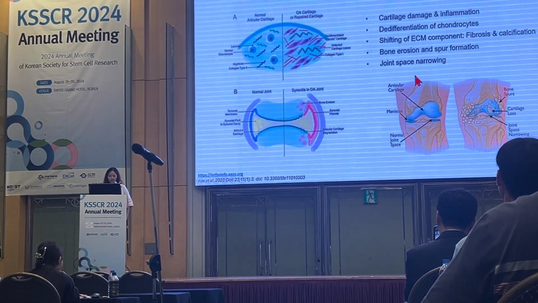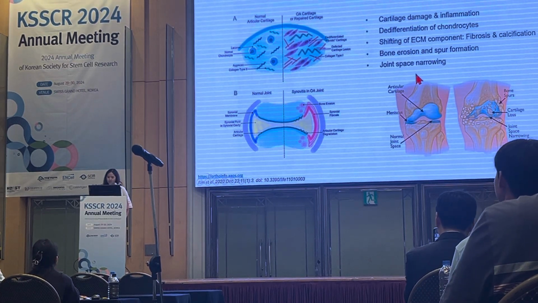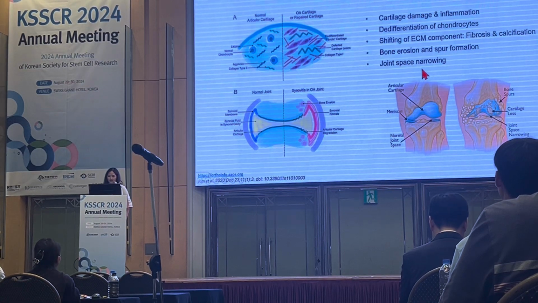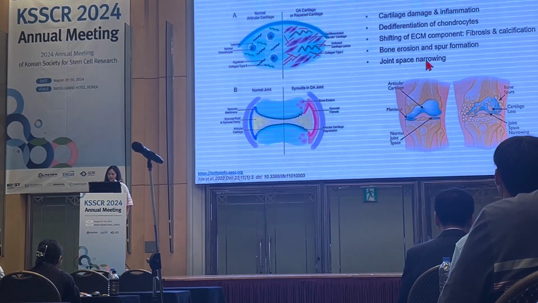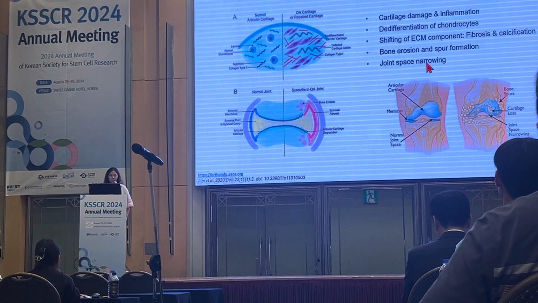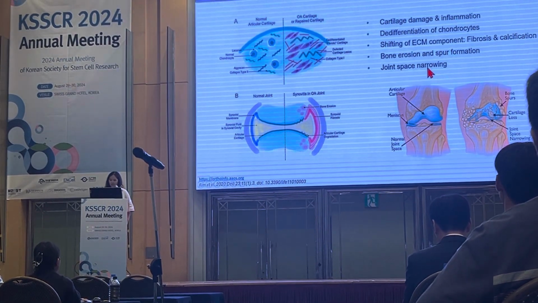So when a cartilage defect is made, first inflammatory factors are secreted by the chondrocytes within the defect. And these factors induce the differentiation of the chondrocytes and induce the shifting of the ECM component, which makes the cartilage a more fibrotic and calcified tissue.